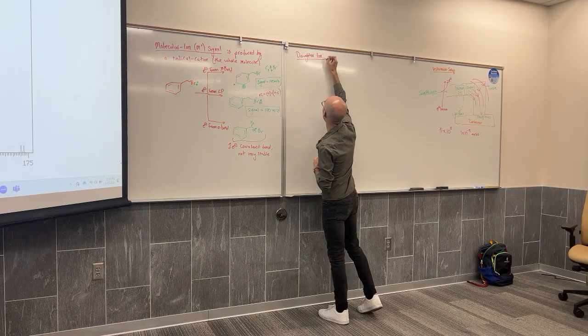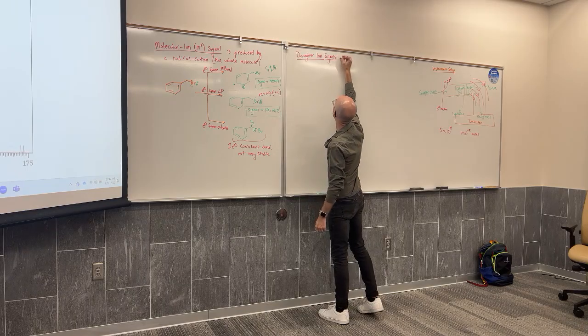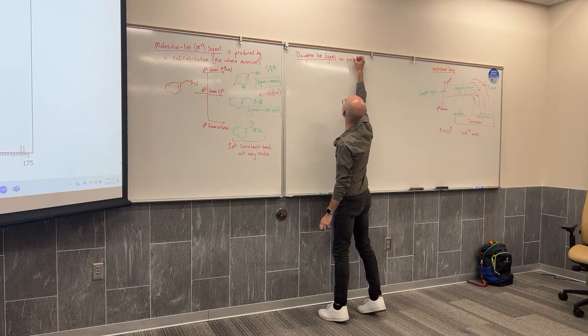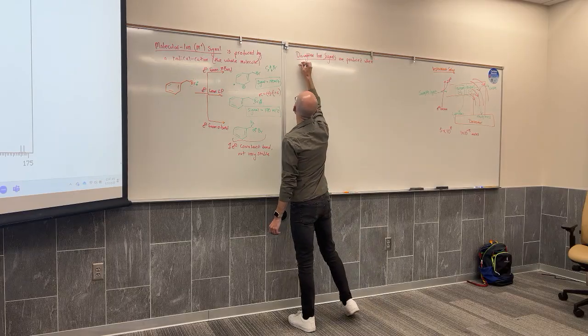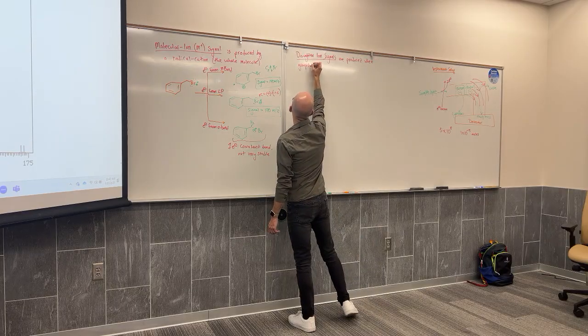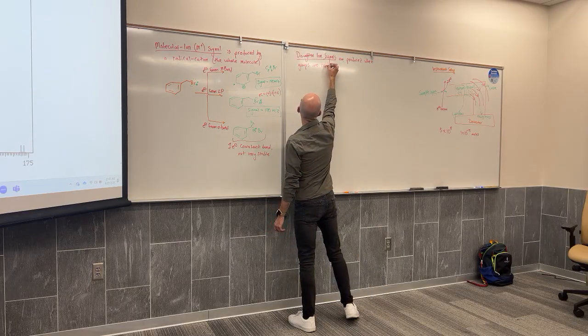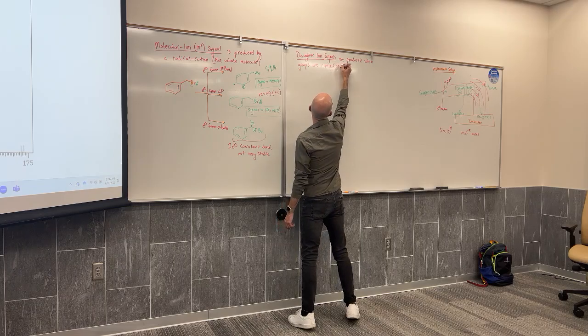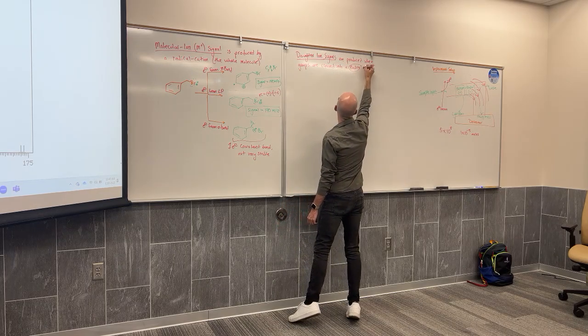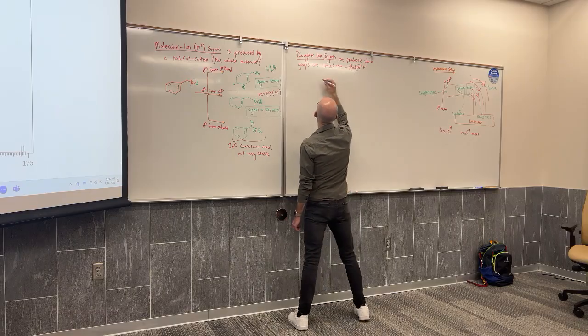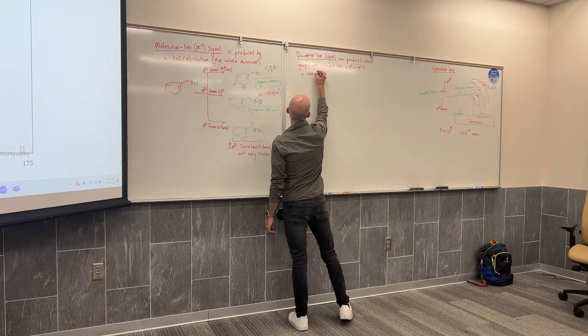I'm going to say daughter ion signals. These form when groups are cleaved into a radical and a cation.